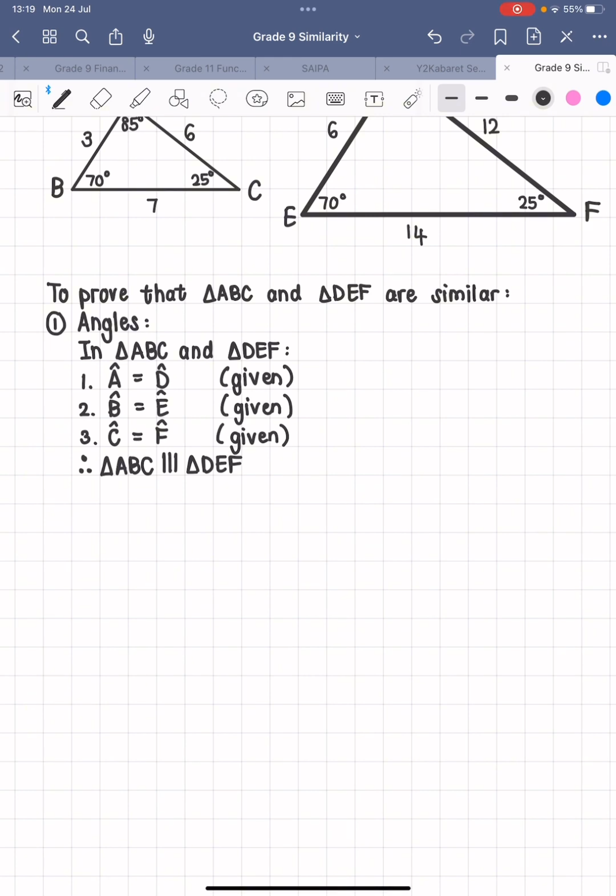So I have to write it in the same order here, DEF. Just like with congruency, we need to make sure that angle A is written first, so the angle that's equal to A needs to be written first there as well. Okay, the reason here is either angle, angle, angle, or if you want to be fancy, you can write equiangular. Equiangular meaning they have equal angles.